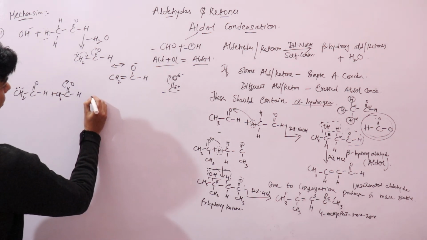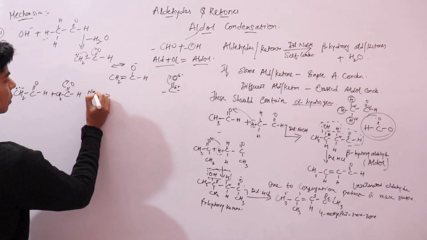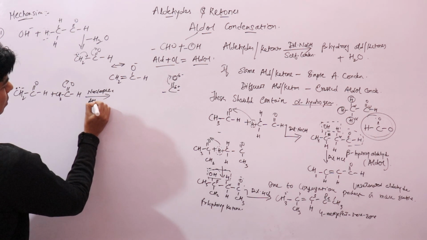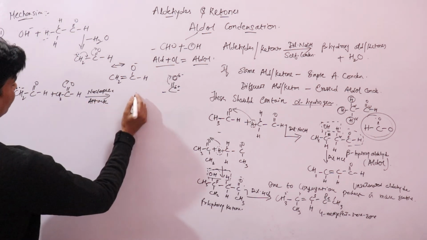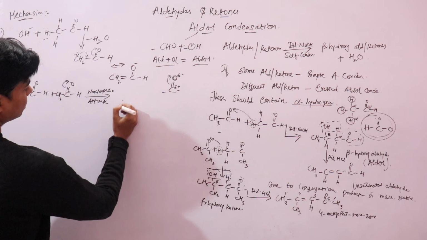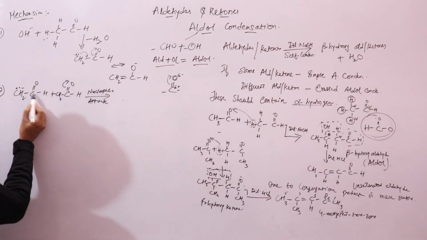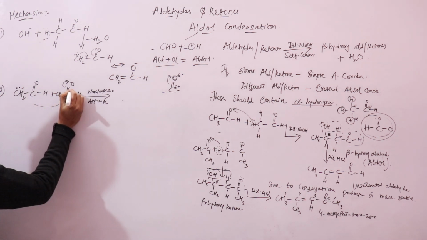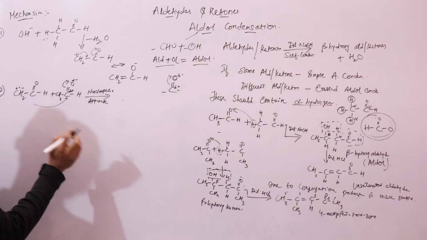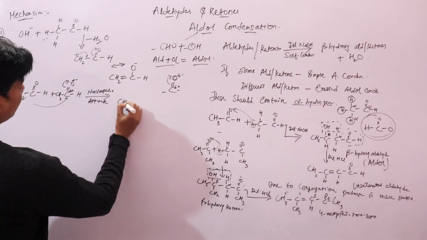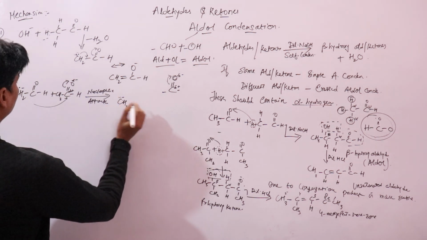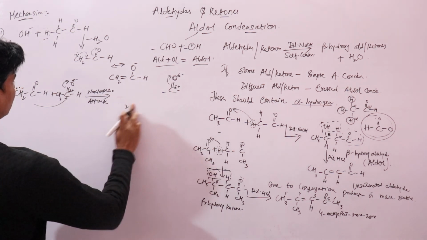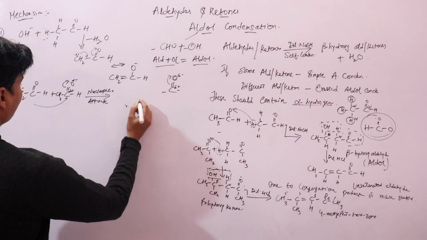So this is basically your nucleophilic attack. When this nucleophile attacks at this carbonyl carbon, which has a small positive charge, with a small negative charge on oxygen, it will form an anion.